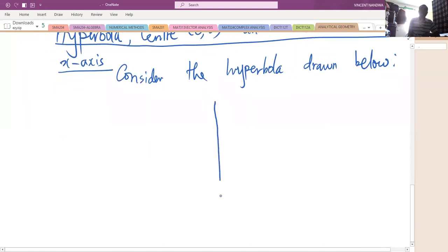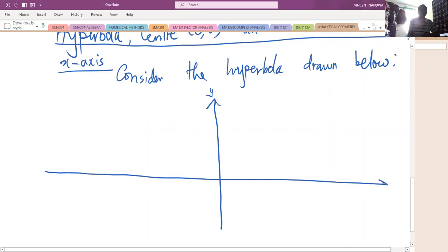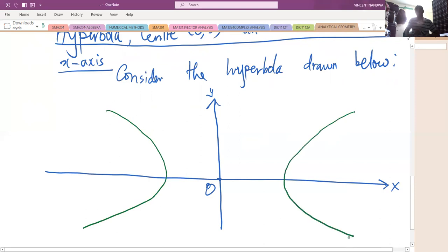So let this be the y-axis, and this be the x-axis. This is our center, call it O. And then let's draw the arms of the hyperbola. This is one arm, and this is another arm.